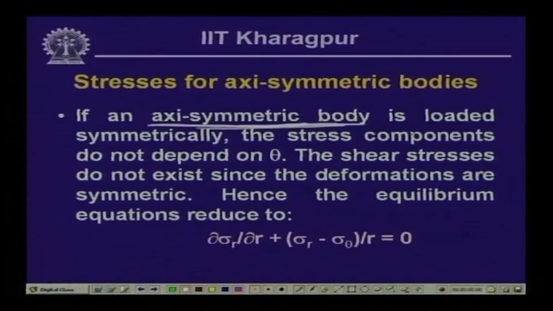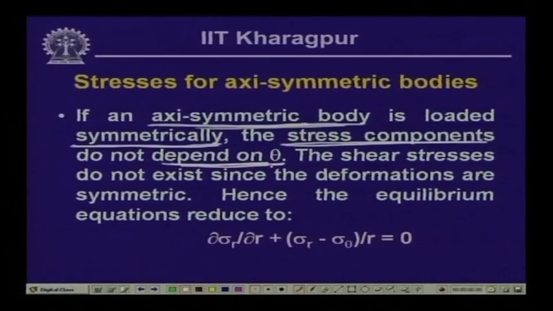And for an axisymmetric body, if it is loaded symmetrically, this is important, the stress components do not depend on theta, and thereby at any longitudinal section we take, the shear stress components are absent, because we have symmetric deformation, and thereby the shear stress components do not exist.